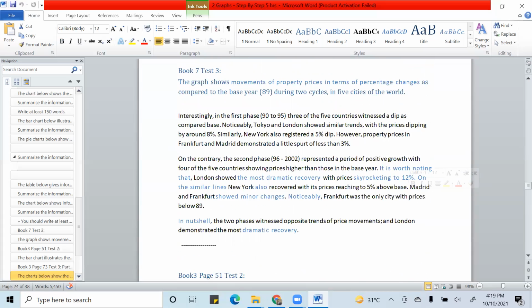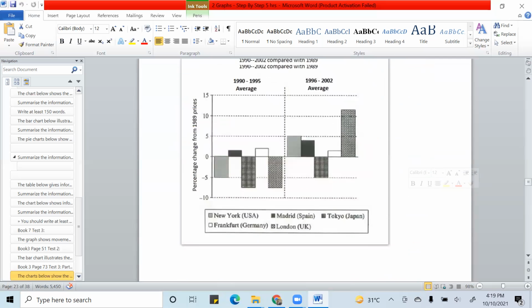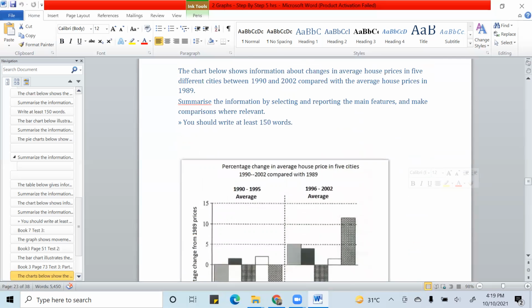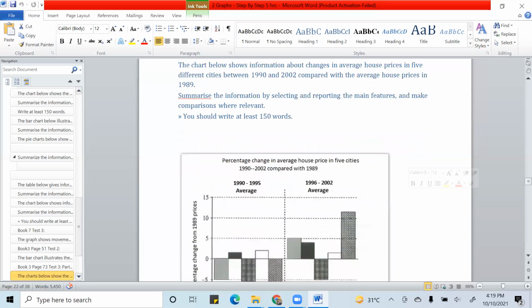Now again, look at this. This is a unique graph. It's not something very common. Look at this.